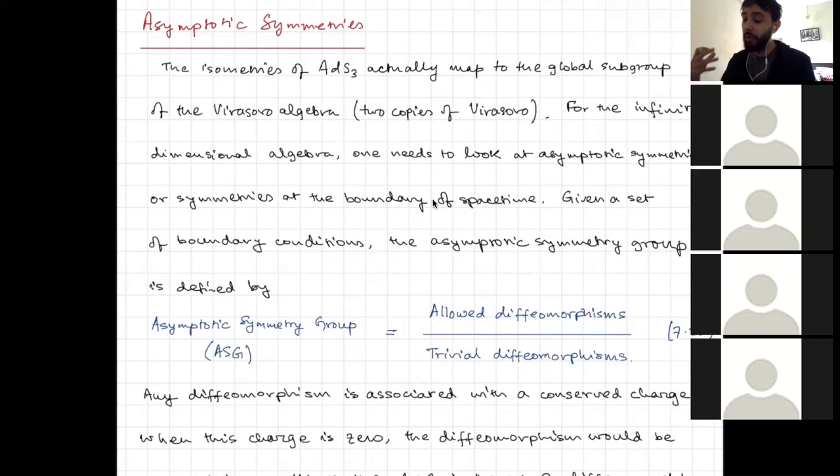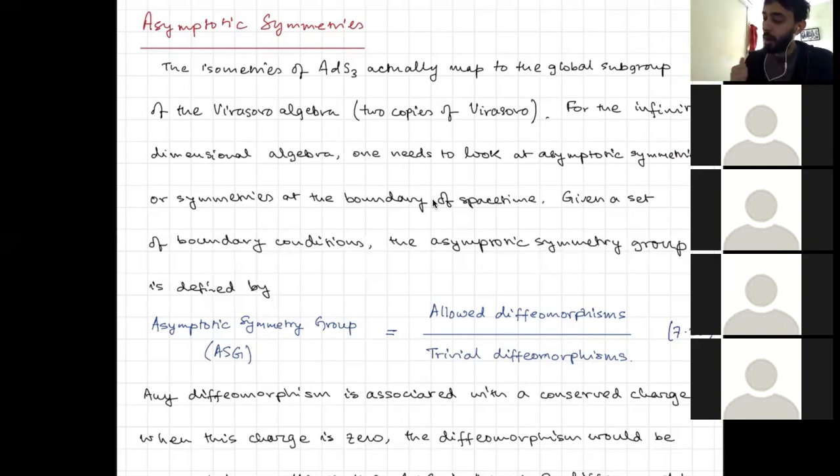If you want to get the infinite dimensional algebra, one needs to look at symmetries that emerge near the boundary of AdS. These symmetries are what are called asymptotic symmetries, symmetries at the boundary of the space-time. So what is it that we do? Remember that any symmetry transformation, by Noether's theorem, is related to a charge.